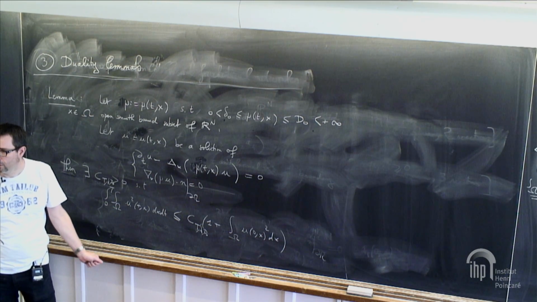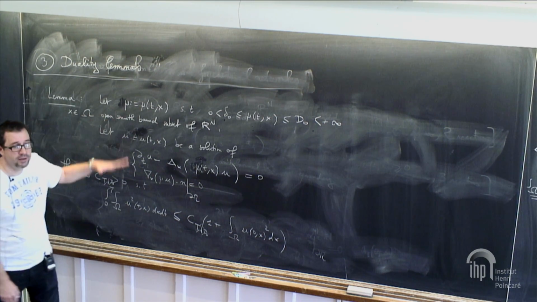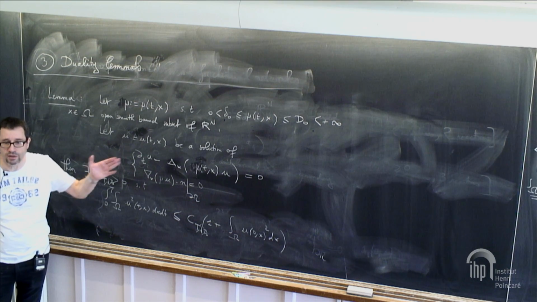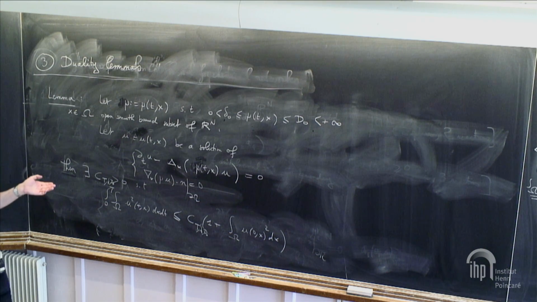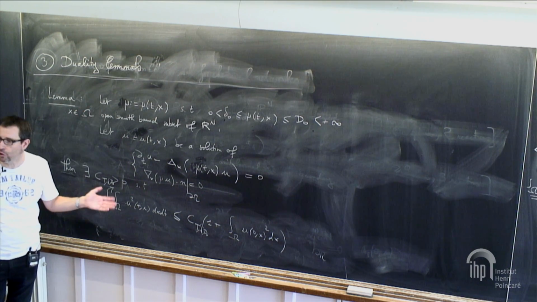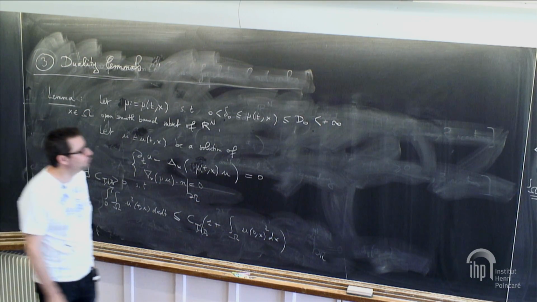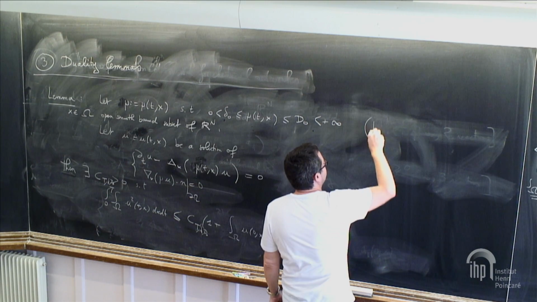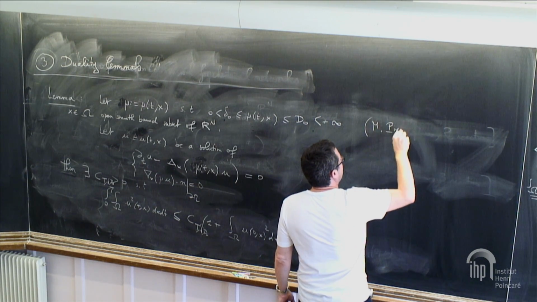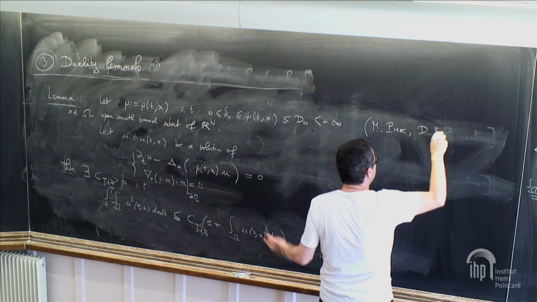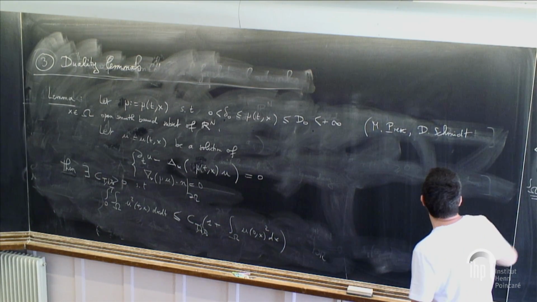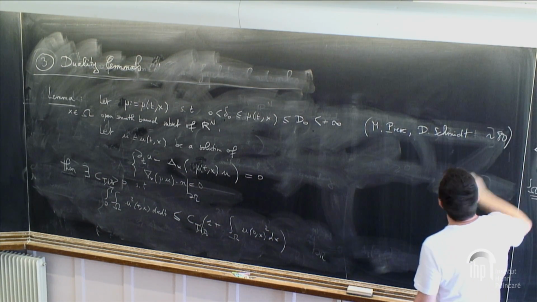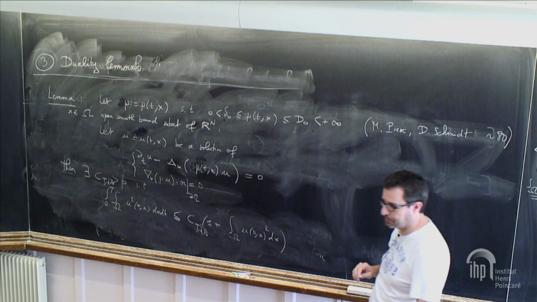Okay? So though the proof of this is quite easy, and we will see it, it will take like 10 minutes to get it, it's not really surprising that this was discovered rather late. So this was written down in this form by Michel Pierre and Didier Schmidt around the beginning of the 80s.